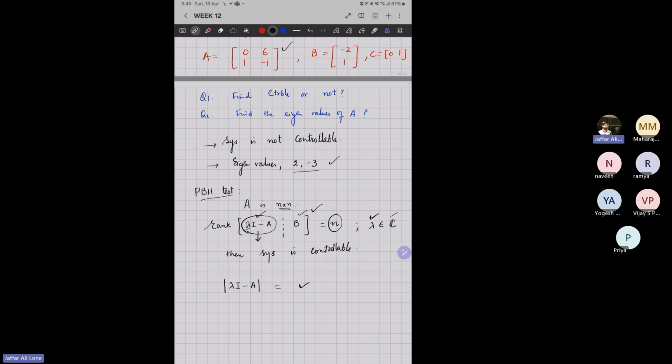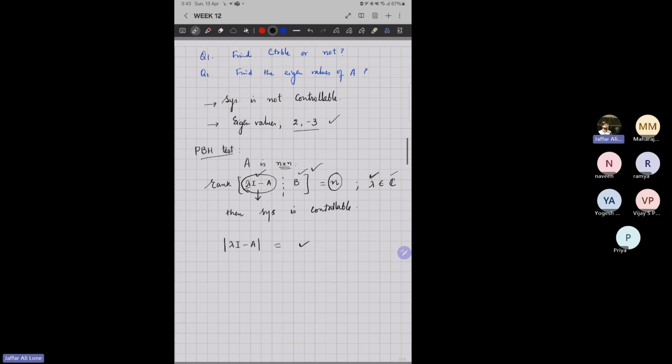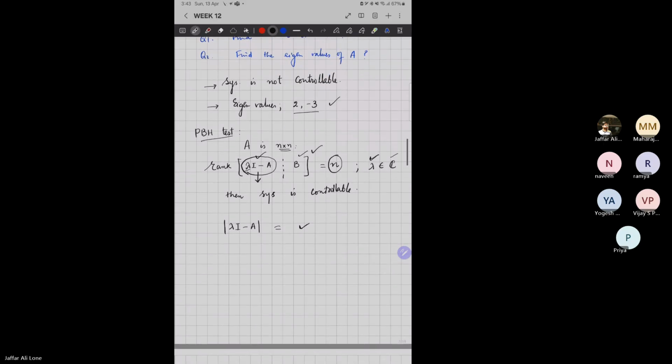So for example, in the given problem, we have a 2 by 2 system and my eigenvalues are 2 comma minus 3. So I'll check for my system. So let's see. I'll find this lambda I minus A. Let's take, let lambda be equal to, first let's take 3.